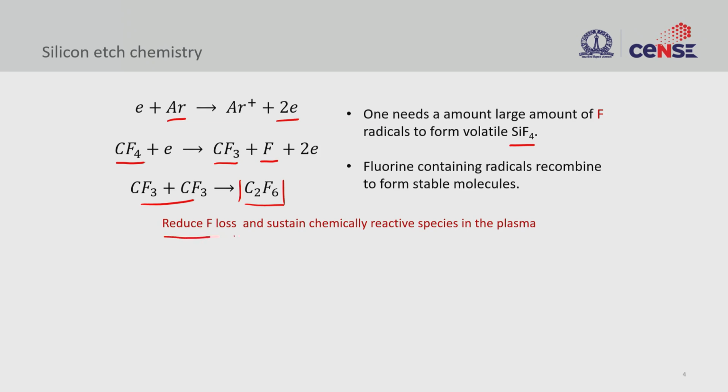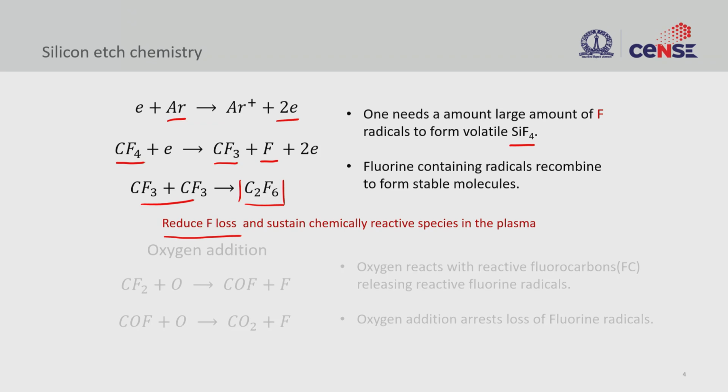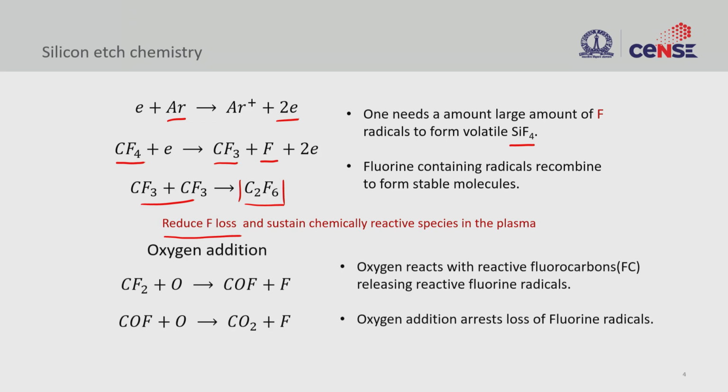You want to reduce fluorine loss and sustain the chemically reactive species, in this case fluorine, in the plasma. One way of doing that is by adding oxygen. When you add oxygen, it reacts with the radicals that you have and finally produces carbon dioxide gas, and then you have fluorine radicals coming out, because carbon likes to be with oxygen.